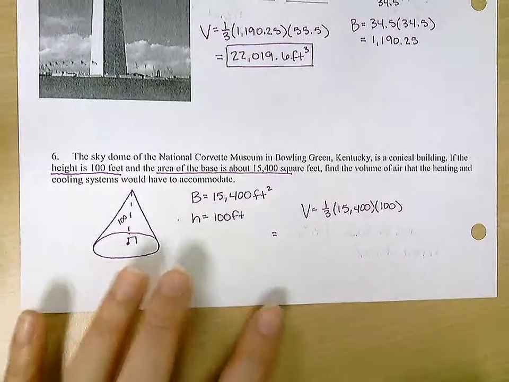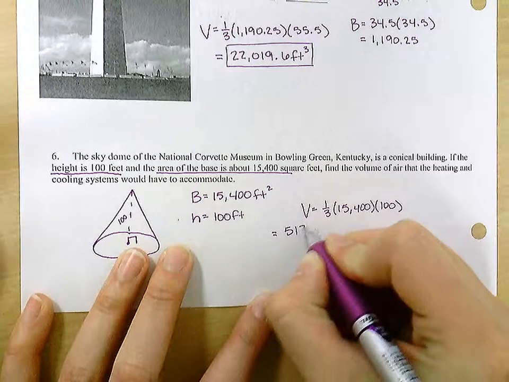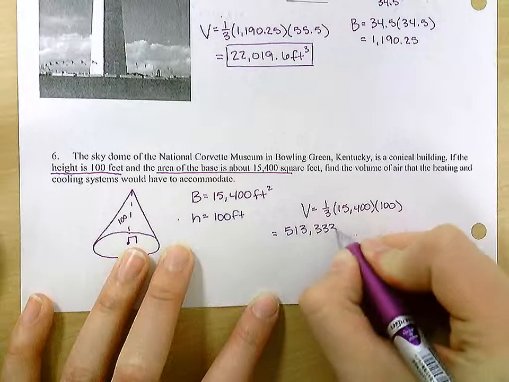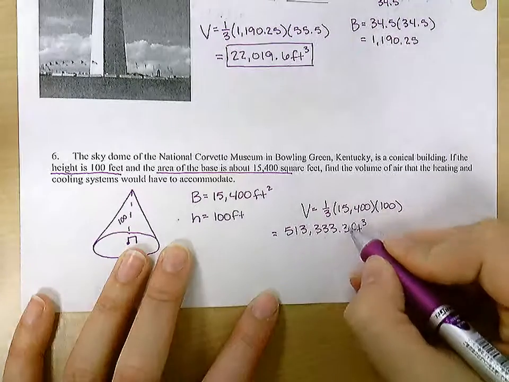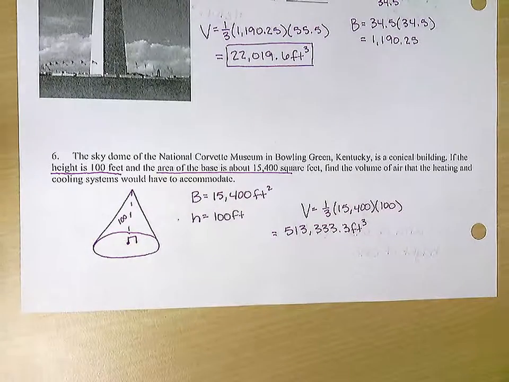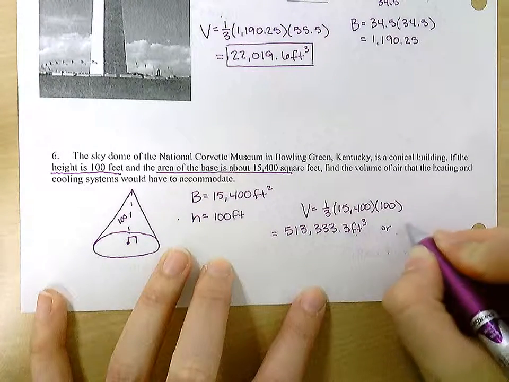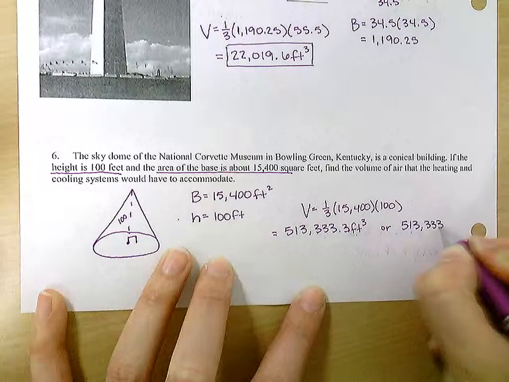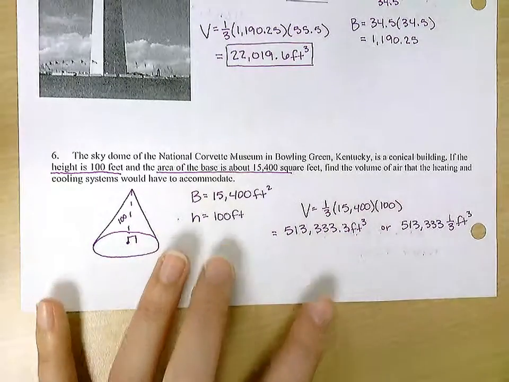You can write it as 513,333.3 feet cubed. Or if you have a repeating 3, it's 1/3. So you could also write it as 513,333 and 1/3 feet cubed.